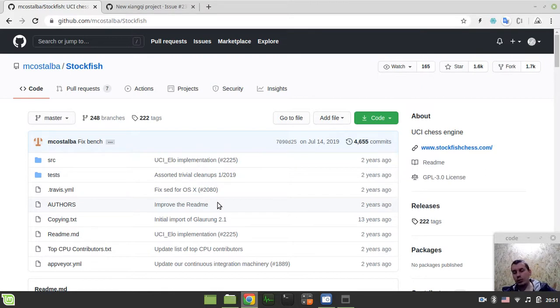So yeah, we have UCI, we have UCCI, but even Chameleon itself is UCI, not UCCI. Okay, well, at the very least that's how it's stated within the repository itself. Fairy Stockfish does support the UCCI protocol, and I did manage to play Fairy Stockfish versus Chameleon in my own GUI.